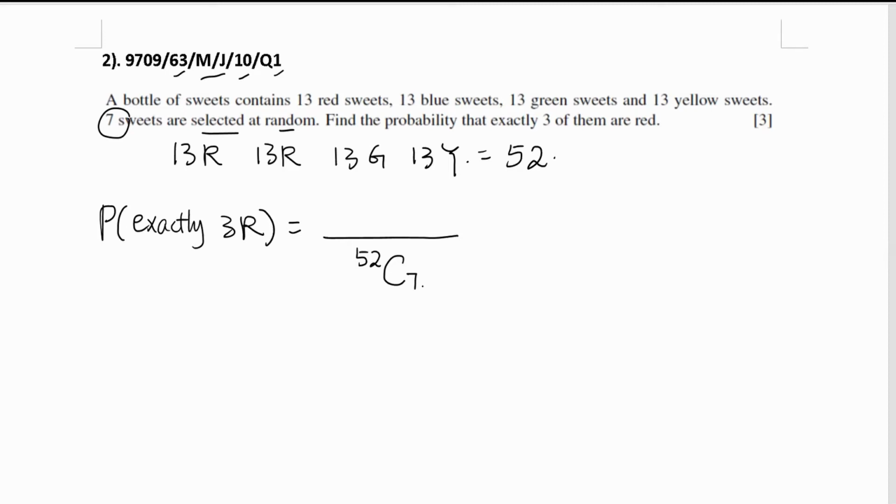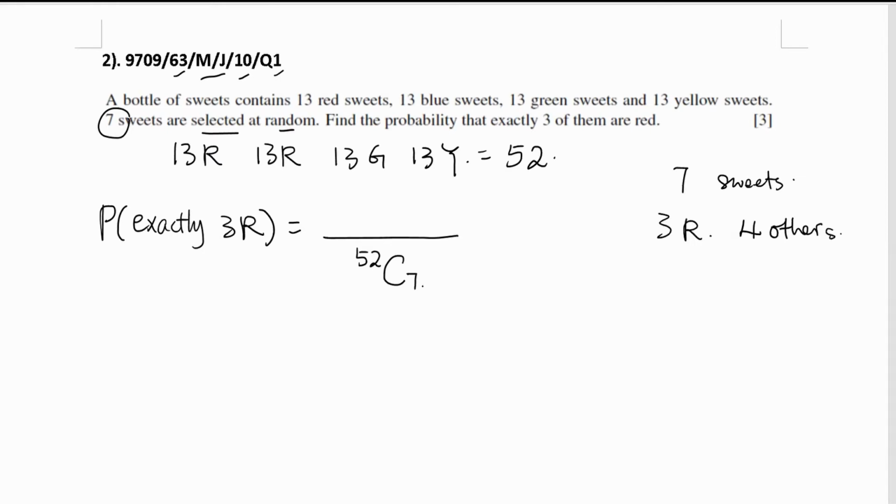So in order to find the probability, for the numerator we have to determine the number of ways to select 3 red sweets. That means out of 7 sweets, 3 must be red, and then 4 can be other colors.